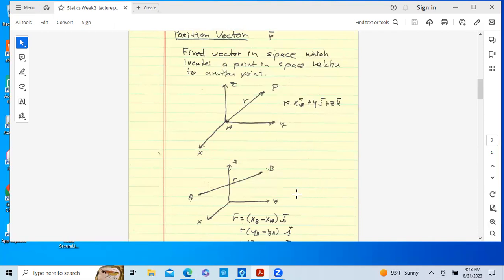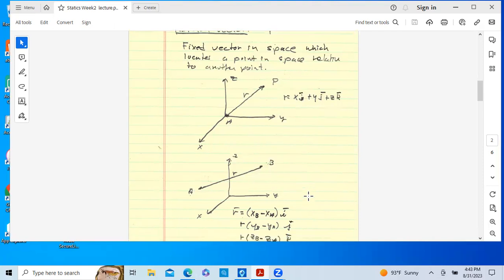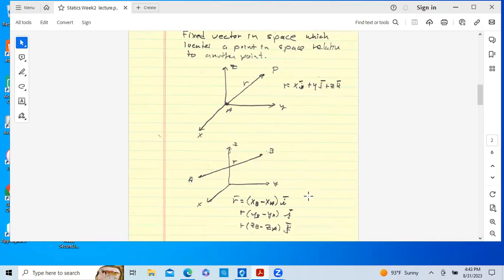Now, if you want to describe the position vector between 2 points in space, so we have A and B, for the i component, we just subtract xa from xb. So we have xb minus xa, that's the i direction.